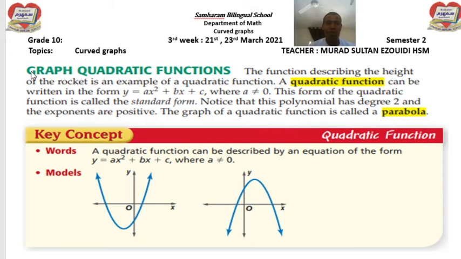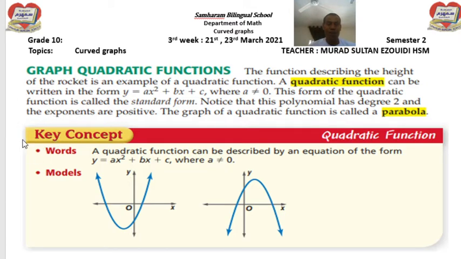The title is quadratic function. We are in the same topic, the same lesson. What is the meaning of a quadratic function, and how can it be written? A quadratic function can be described by an equation of the form y equals ax squared plus bx plus c, where a is not equal to 0. The graphs of this kind of equation are a valley or a hill. Look at the first graph.